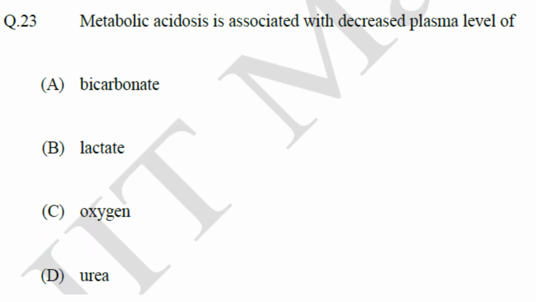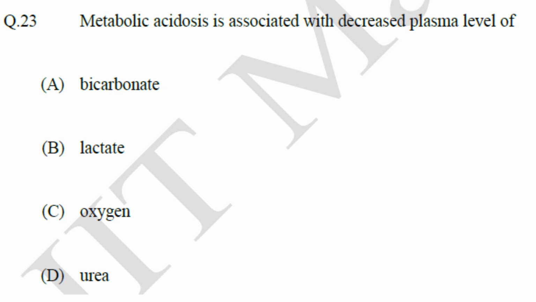Then metabolic acidosis is associated with decreased plasma level of. So metabolic acidosis is excessive accumulation of acid in the body and it will result in decreasing the pH. Now in this condition the body's acid base balance will be disrupted.